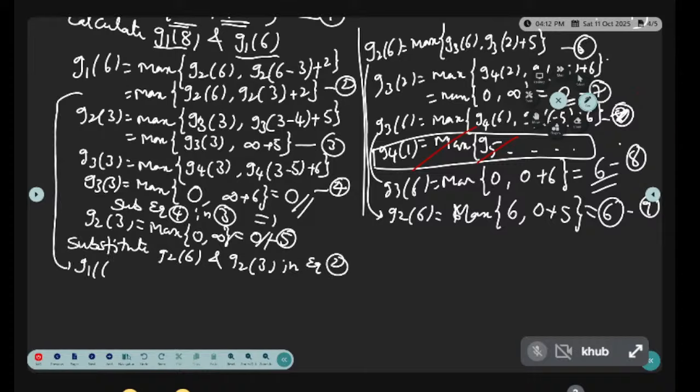G1 of 6 is equal to maximum of G2 of 6, 6, comma G2 of 3. What is G2 of 3? 0 plus 2 is 6. G1 of 6, I mean G2 of 3 is 0. G2 of 3 is equal to 0 plus 2. So G1 of 6 is 6.